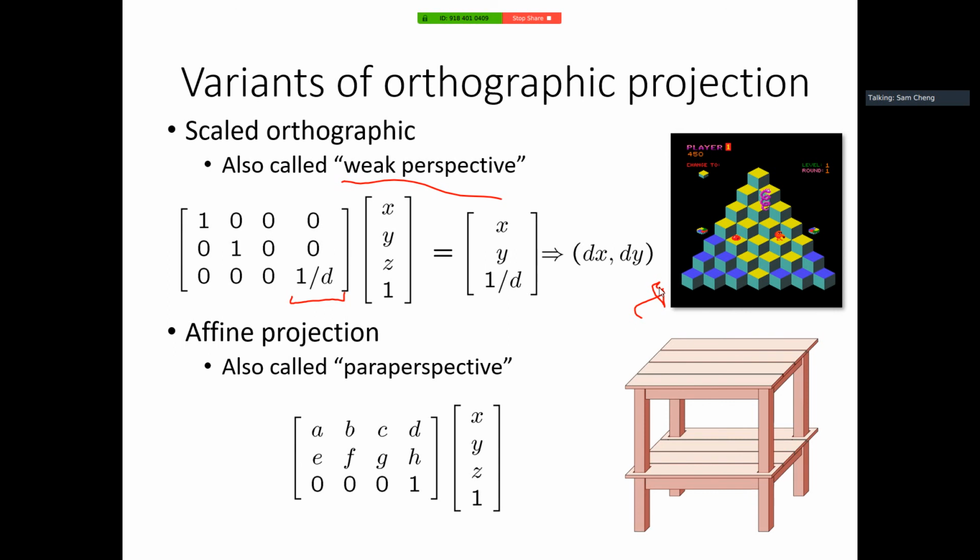And we can also have this affine projection. That's what we saw earlier when we talked about mapping in 2D as well.